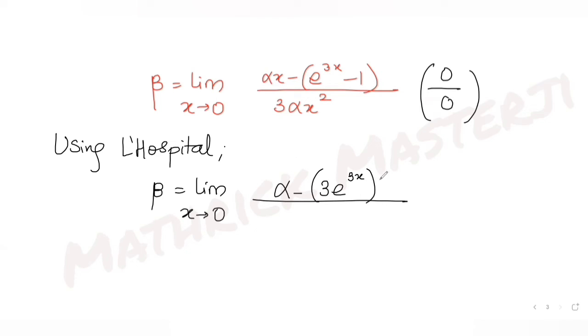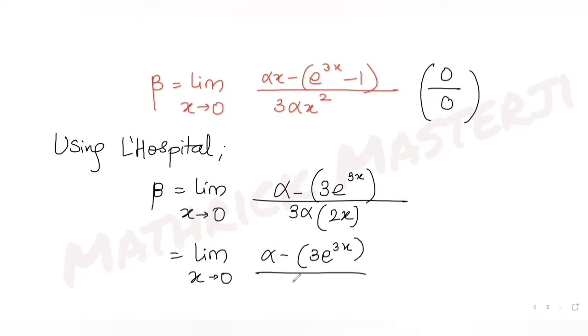The denominator is 3 alpha, and the derivative of x square makes it 2x. So that makes your value of beta the limit of alpha minus 3 e raised to 3x, divided by 6 alpha x. Now, I have been told that this limit exists, right?